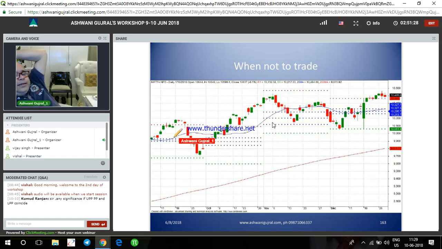Again, you can see here it's sideways, suddenly it breaks out, then again becomes sideways. Not a good way to trade. So again, kind of, bad trend as they call it.